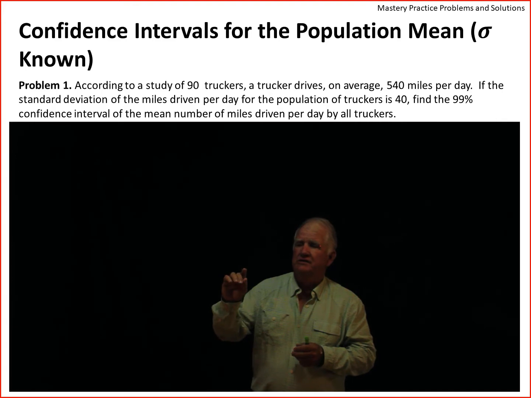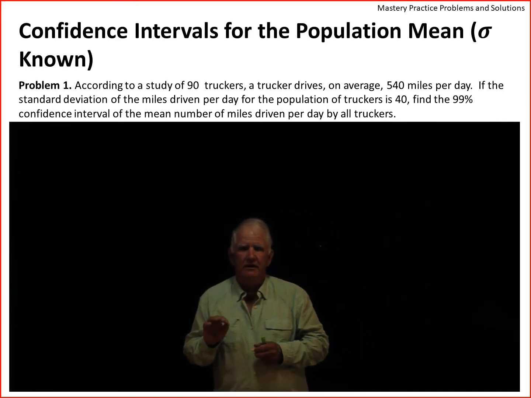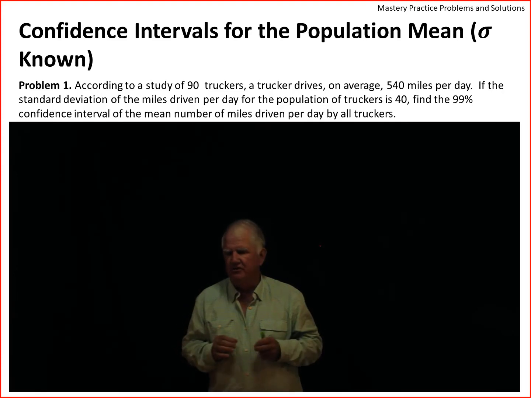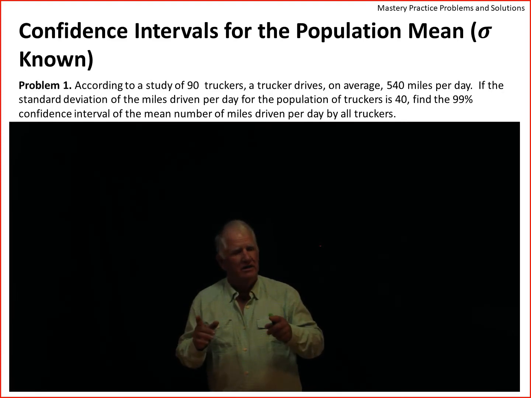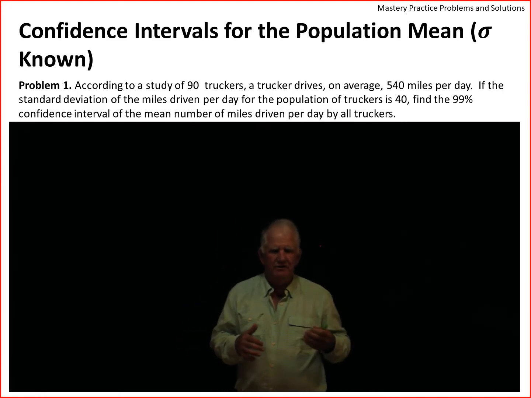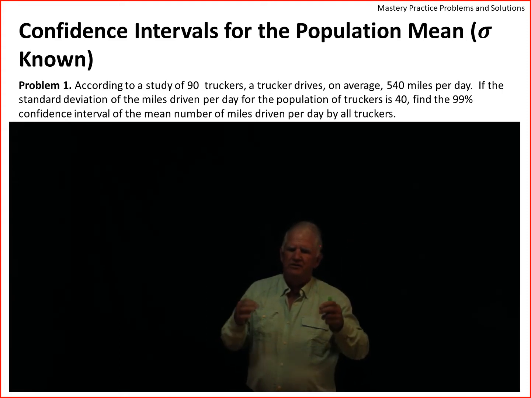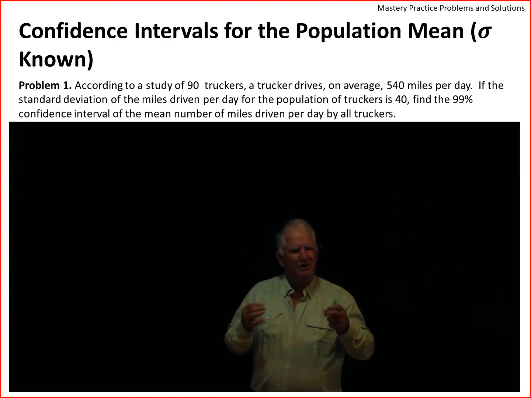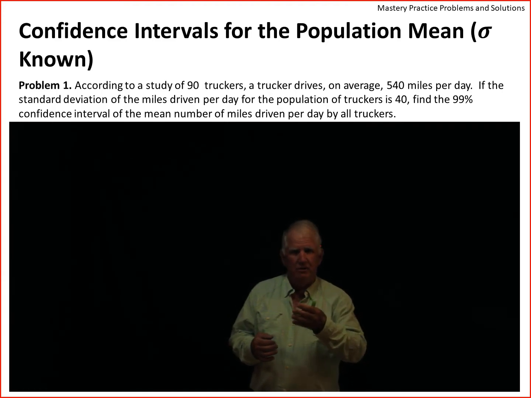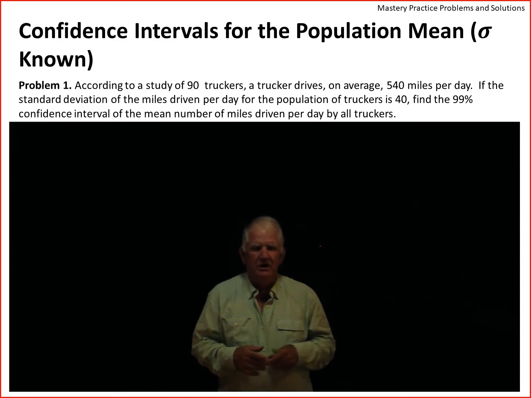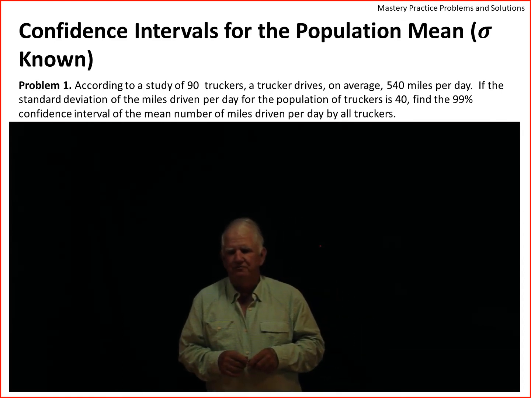That set of 90 truckers has a per day average of 540 miles. Importantly, in a separate sentence, it says that the standard deviation of the population of truckers, not the sample, the population, is 40. And it would like a 99% confidence interval.